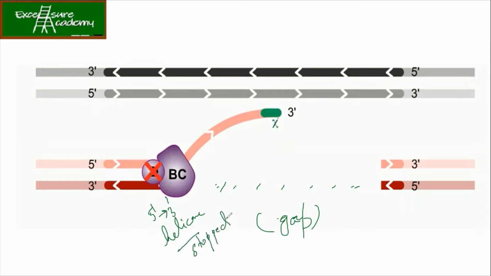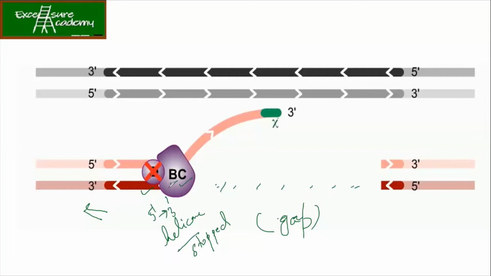This much is clear? Yes, okay, this much is clear, right? So what does it mean? Now, further they are not moving. The function of C is done, the function of B is done, the function of D is done. So further there is no movement. It means further there is no helicase or unwinding of DNA.